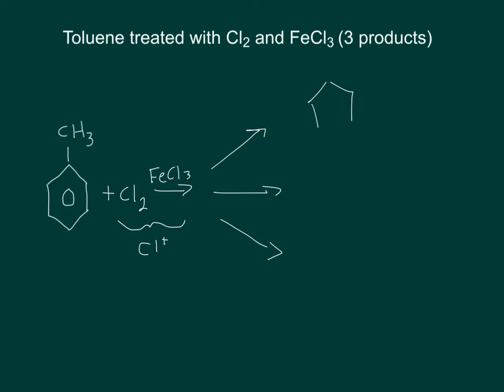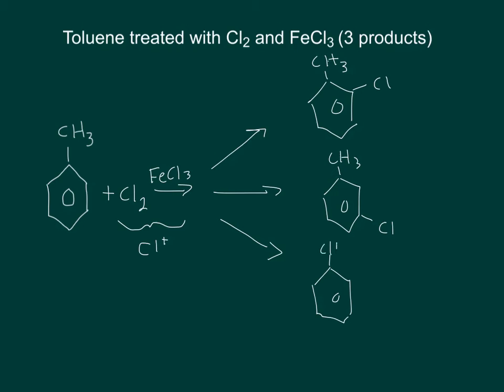And all I need to do is realize that I'm going to be able to get 3 isomeric products because the chlorine electrophile can add in 3 different positions relative to the CH3. It can add in the ortho position, it can add in the meta position, or it can add in the para position.